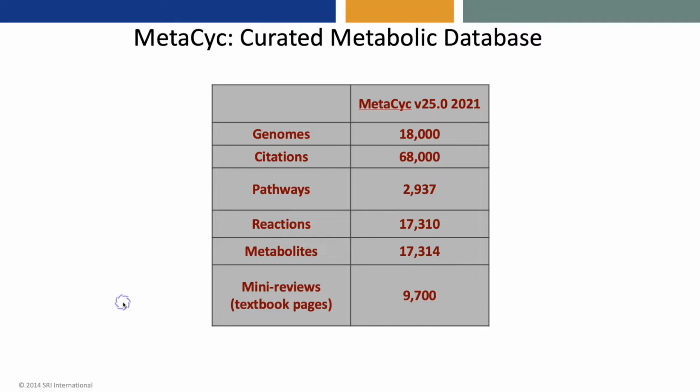Overall, MetaCyc's information has been drawn from 68,000 publications. We have 2,937 pathways, about 17,000 reactions and metabolites, and we have mini review summaries written by our curators for different pathways and enzymes that add up to about 10,000 pages, textbook page equivalents.